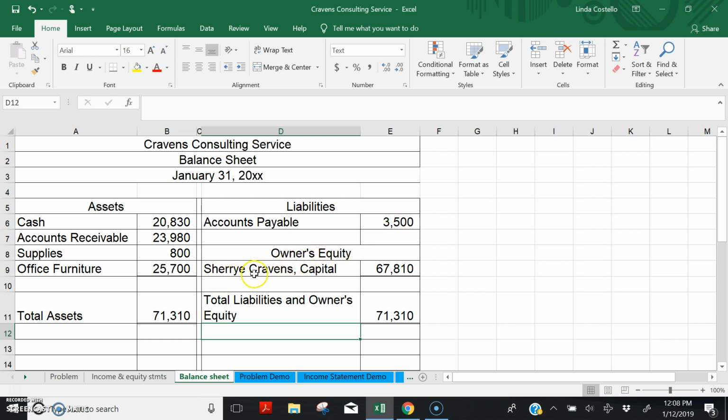Owner's equity, Sherry Craven's Capital, from the ending capital balance shown on the statement of owner's equity, $67,810. Therefore, total liabilities and owner's equity is $71,310. And our balance sheet is in balance. Total assets do equal total liabilities plus owner's equity.